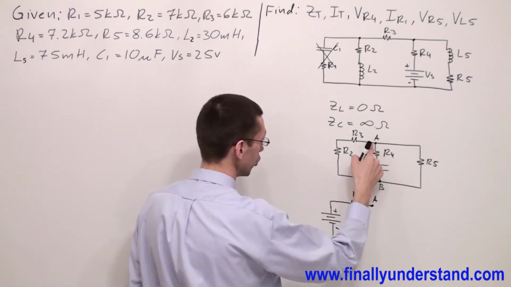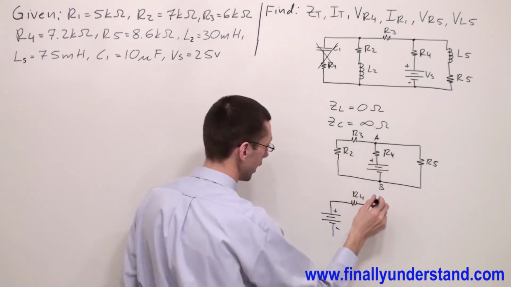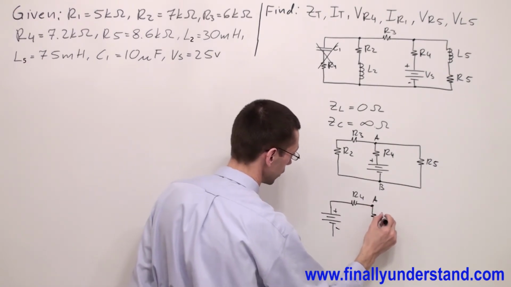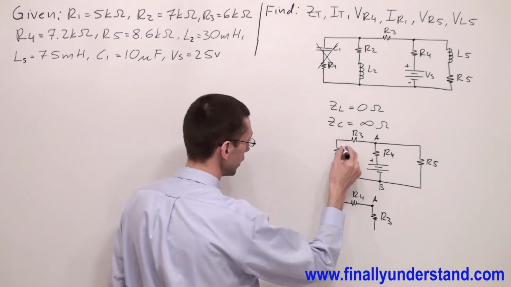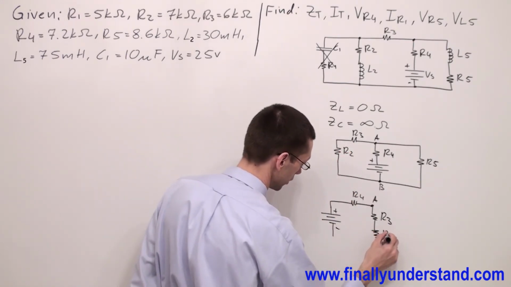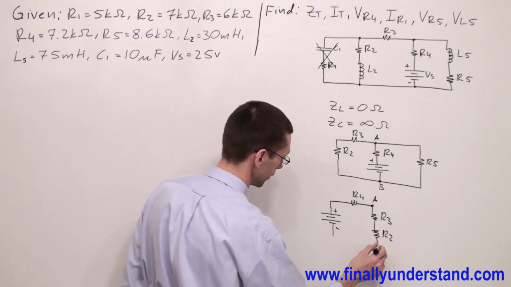Point A is connected to resistor R3. That's why I'm going to draw over here R3. R3 is connected with R2.